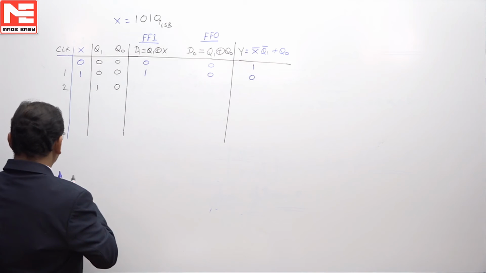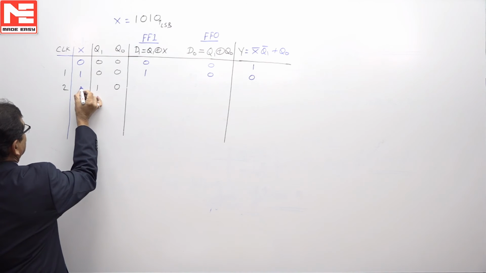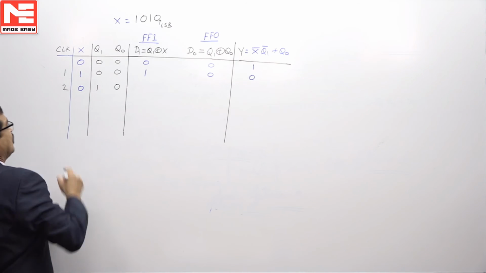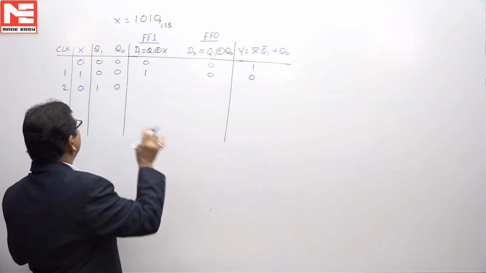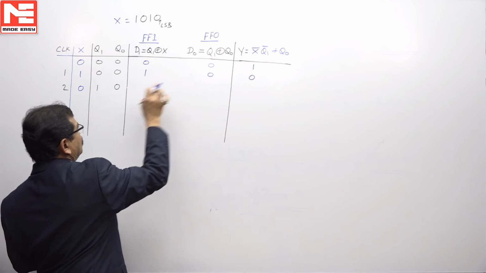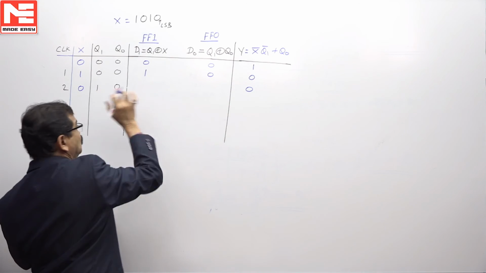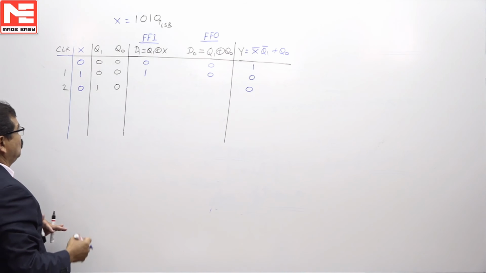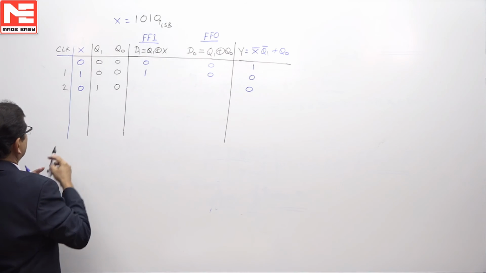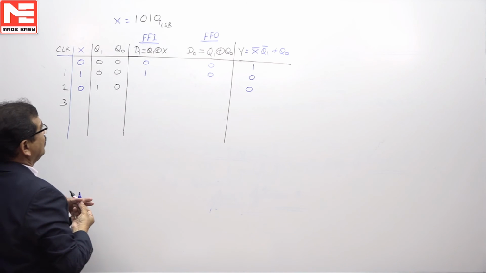Now, the third bit of X must come to the circuit, that is 0. Whenever X is 0, the output, if we look at X bar Q1 complement Q0, this term is 0 and Q0 is anyway 0, so the output we read is 0. Now, with the clock we have to see what change we have on flip flop 1 and flip flop 0.